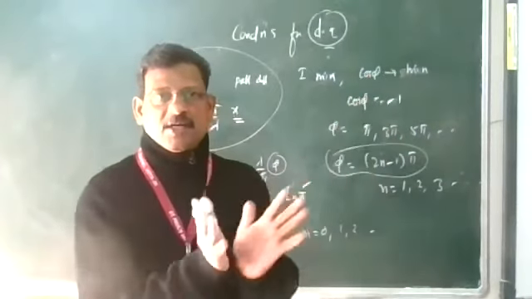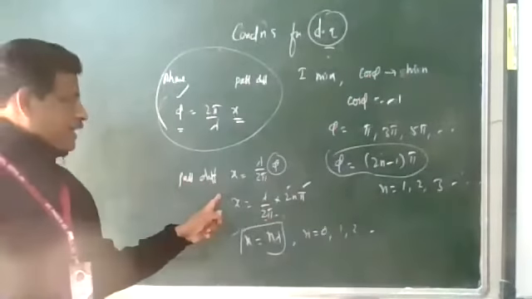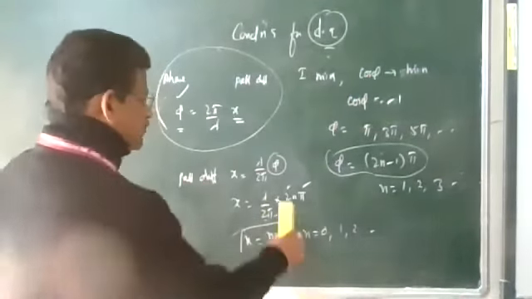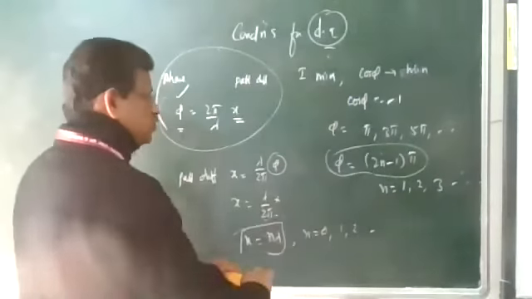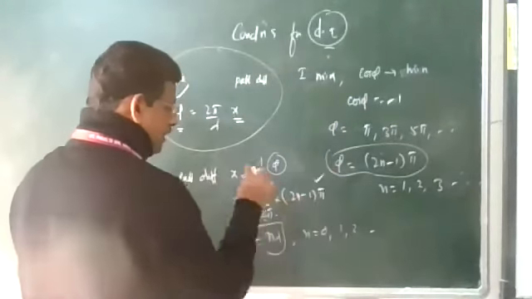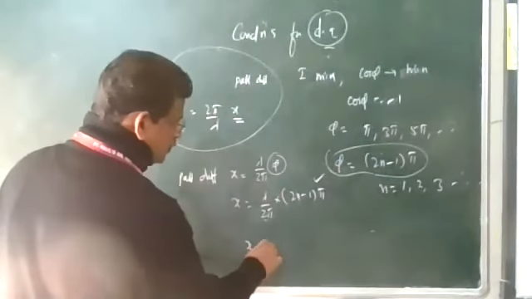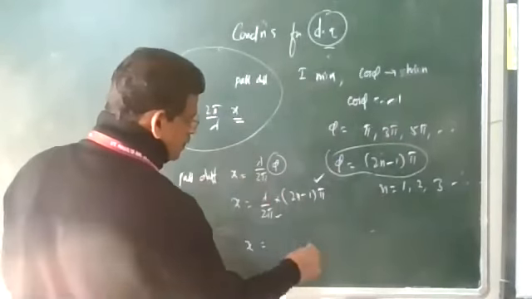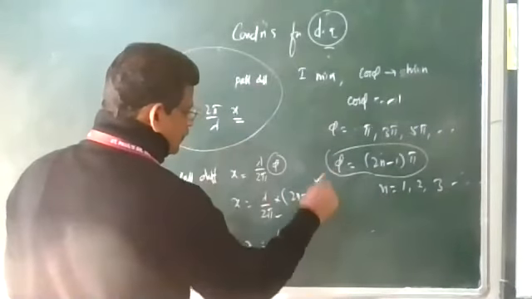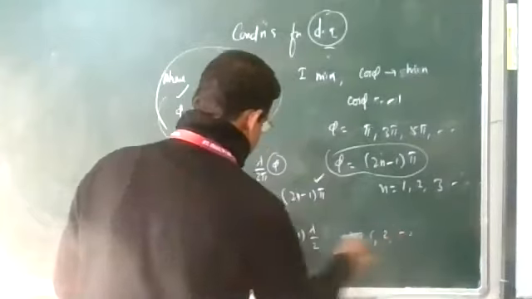For that, what is the path difference? The question is here. x is equal to lambda divided by 2 pi times phi. The value of phi here is (2n minus 1) pi. Pi and pi cancel. Therefore, the path difference x is equal to (2n minus 1) lambda by 2, where n is 1, 2, 3.